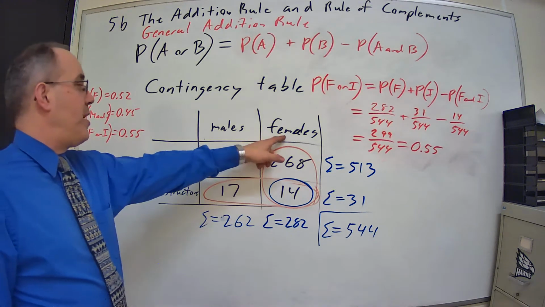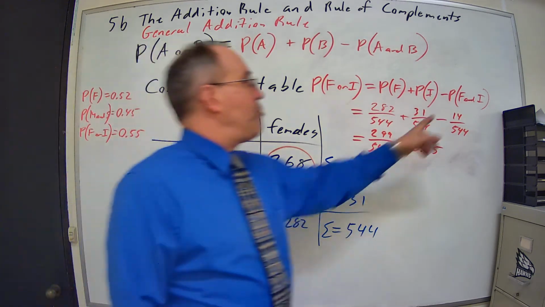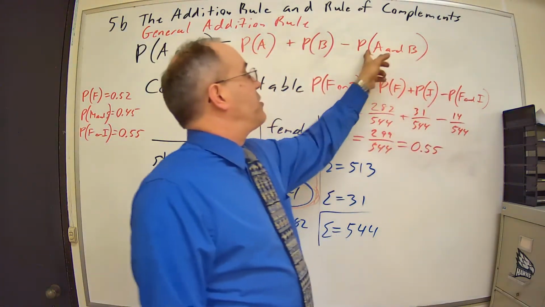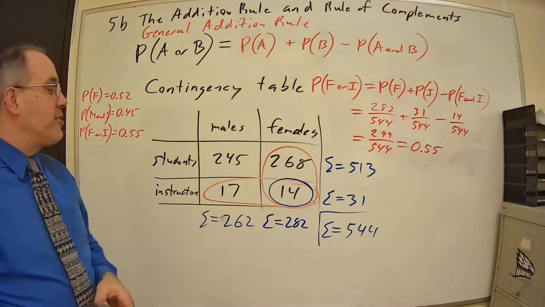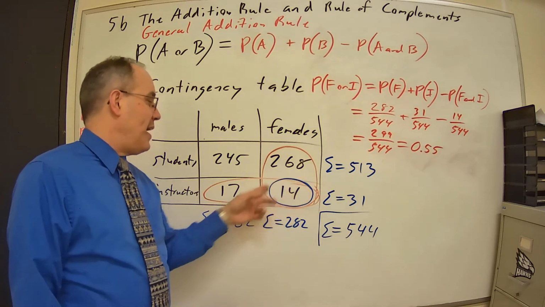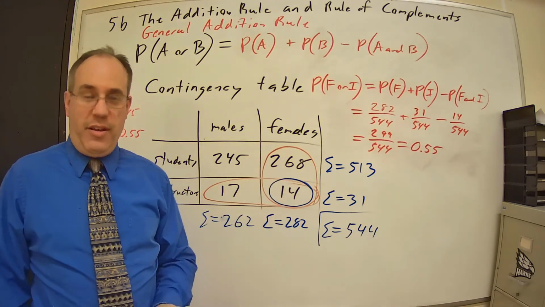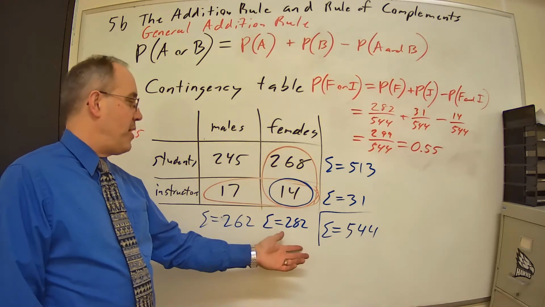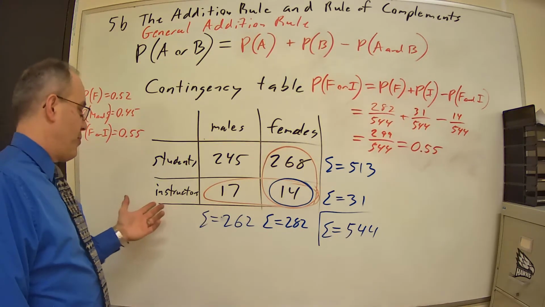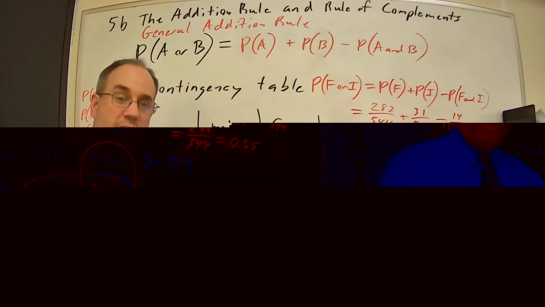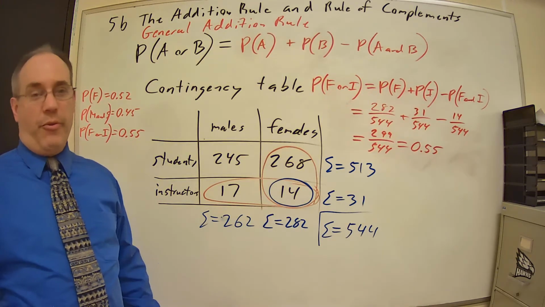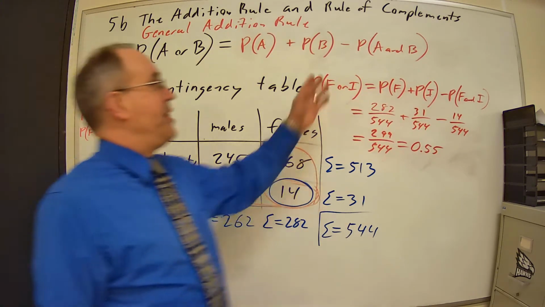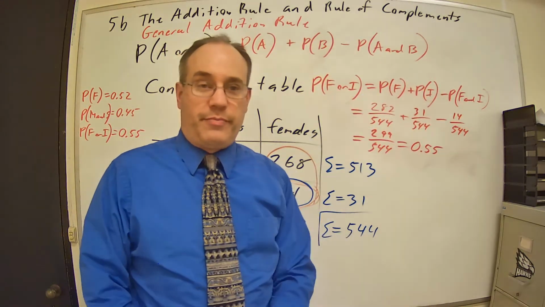Those are the female instructors, those that are both female and instructors, or the probability of A and B occurring. So what we're doing is we're subtracting out the duplication. If we find the probability of females, we included this group. If we find the probability of instructors, we included this group. So by including them twice, we need to get rid of them once, and that's why we subtract.